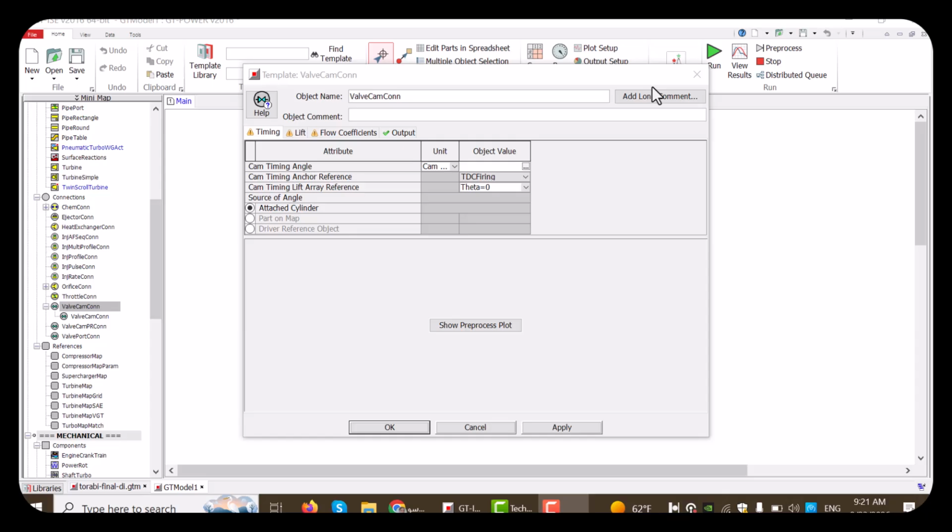Incorrect anchor reference can shift the entire valve event and produce unrealistic combustion behavior. And about cam timing lift area reference, this specifies which lift profile dataset is being used.